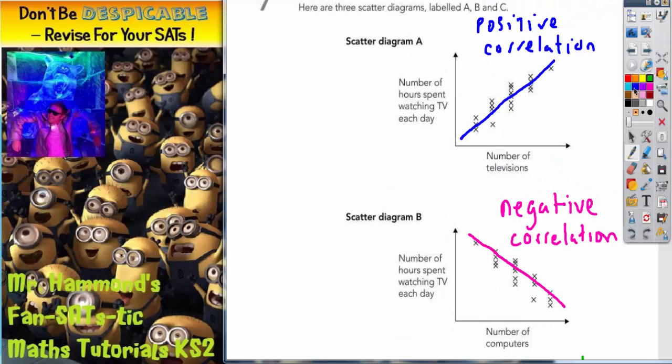A good way of remembering the difference between positive and negative correlation is that some people think of this line as like a plane taking off. In other words, when you're going on holiday, you're leaving the country and you feel quite positive because everybody looks forward to going on holiday.